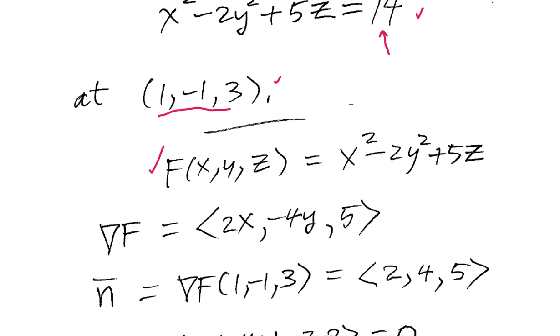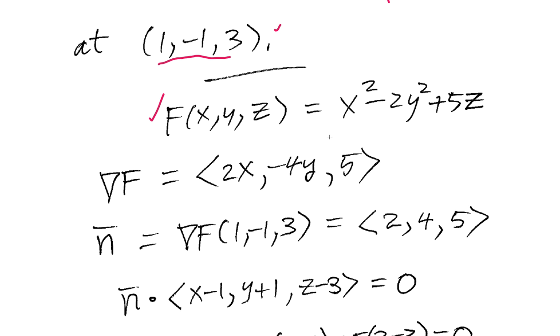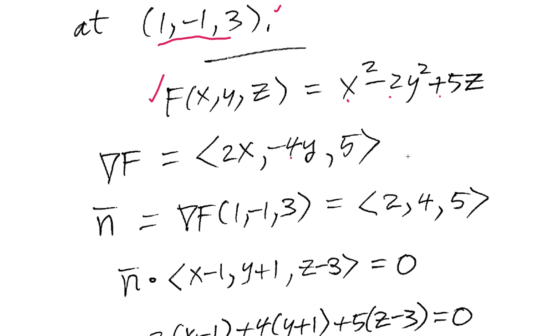Find the gradient of cap F. That would be what? (2x, -4y, 5). x, y, and z are independent variables. So when I differentiate with respect to x and hold y and z constant, I get 2x, and differentiate with respect to y by holding x and z constant, and so forth. So those are those partial derivatives.